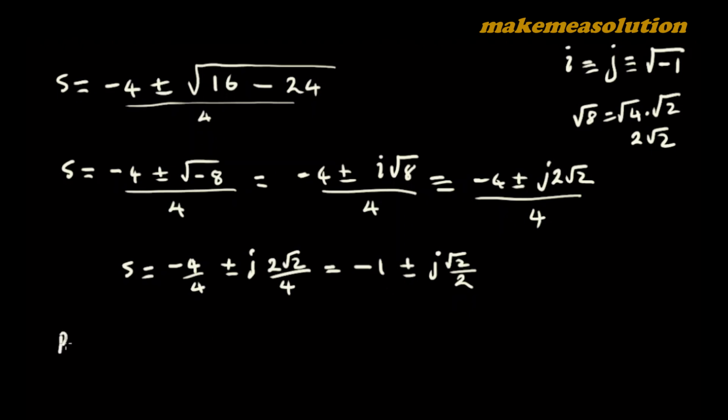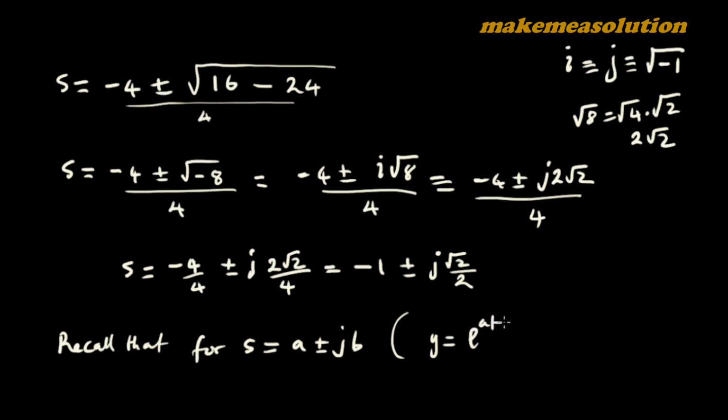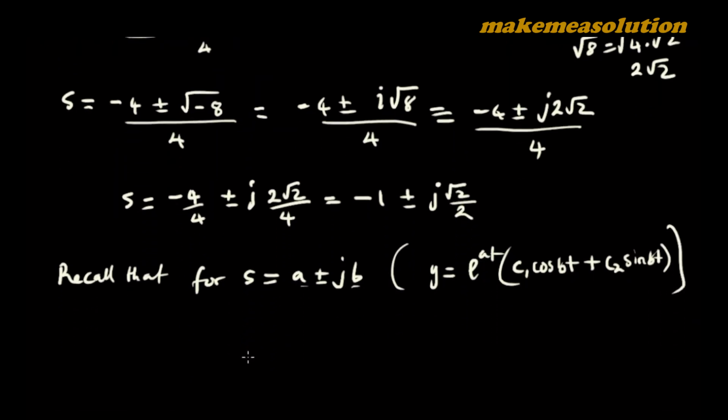You have to recall that for s in the form a plus or minus jb, our solution y is equal to exponential at into c1 cos bt plus c2 sin bt, where b is the imaginary part, a is the real part, and c1 and c2 are arbitrary constants. So what we just need to do is to take these values and substitute them into the equation.